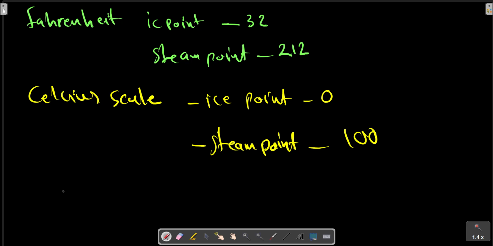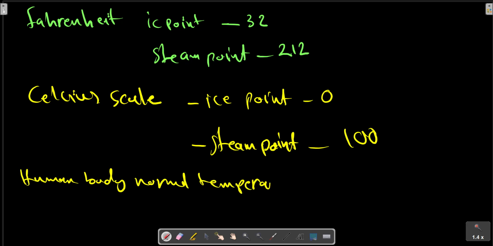When this scale was slightly revised and fixed in terms of the ice point and the steam point, the normal temperature of the human body was found to be 98.6 Fahrenheit.